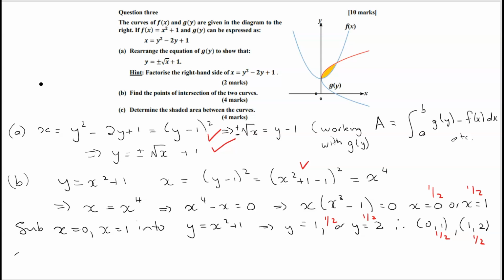Okay, part C says now find the area, and you are now finding the area between 0 and 1 of x to the half minus x squared dx.